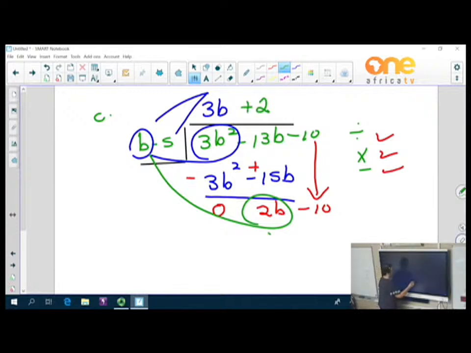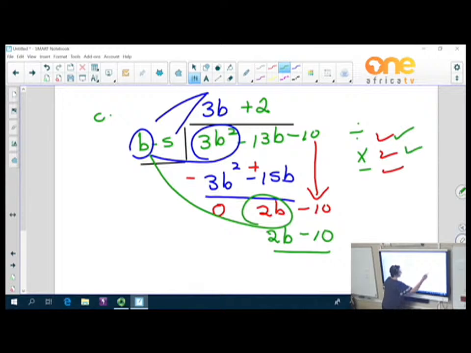Multiply, then you have 2b minus 10. And we want to eliminate that one, so subtracting means change the second sign, 0, 0. So 3b plus 2 is the quotient, and b minus 5 is a factor of this one.